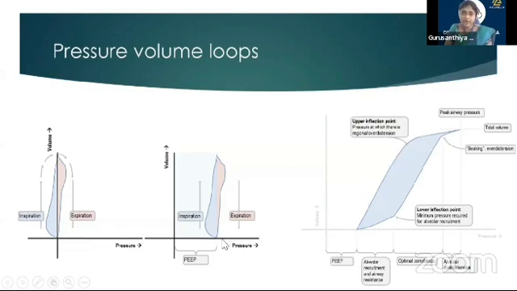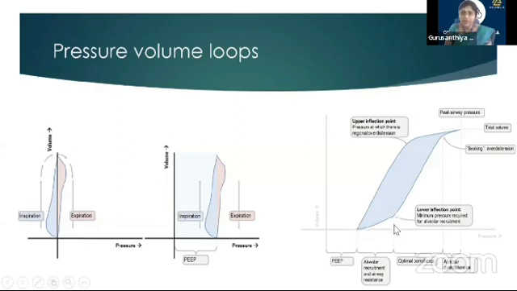In this graph, you have applied PEEP to the baseline, so the pressure has shifted to the right. If you had not applied a baseline, the curve would have started somewhere from here. Since you have applied some PEEP, the graph starts from here. And this is the lower inflection point.